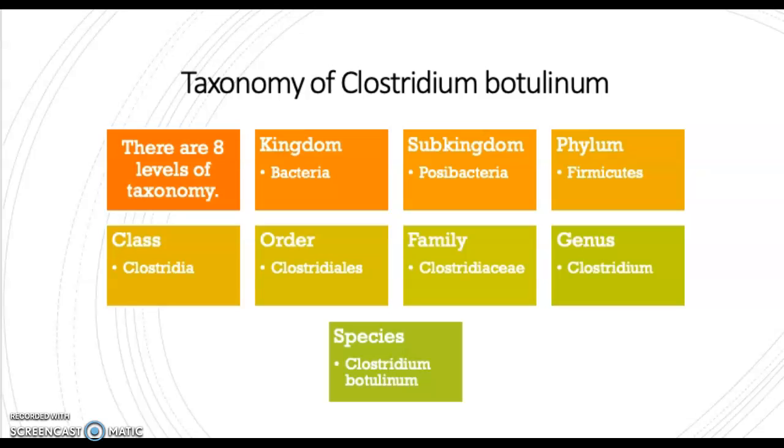So its kingdom is bacteria, the subkingdom is Posibacteria, the phylum is Firmicutes, the class is Clostridia, the order is Clostridiales, the family is Clostridiaceae, the genus is Clostridium, and the species is Clostridium botulinum.